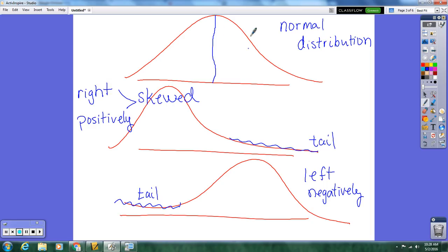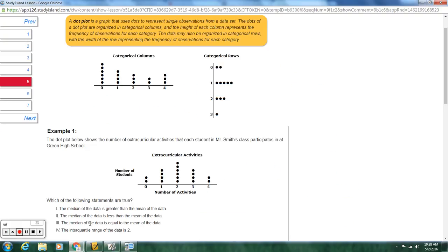On a normal distribution, the mean and the median are exactly the same thing. So back over here, the median of the data is greater than the mean. You just said this was a normal distribution, a bell curve. So is the median greater? Is the median less? Is the median equal to the mean?